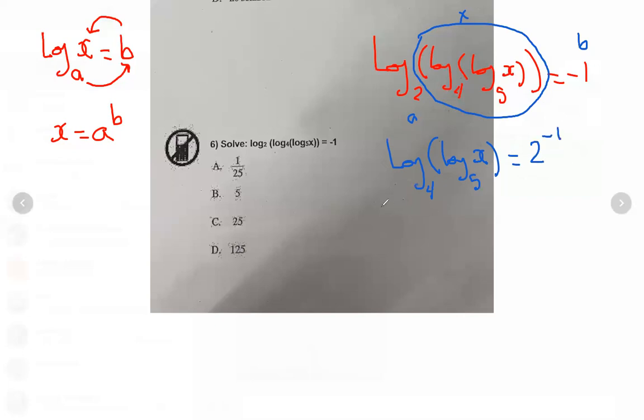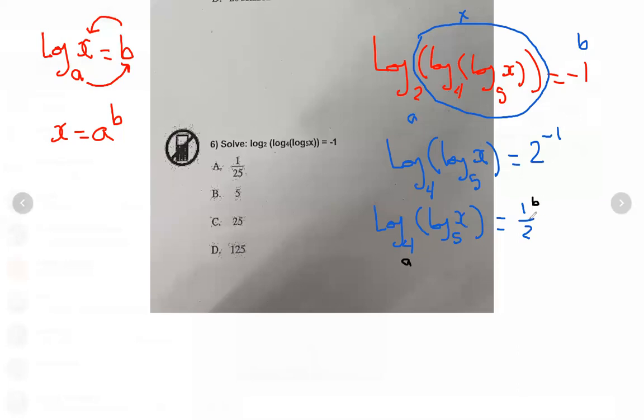And therefore now we change this into log base 4 of log base 5 x equals 1/2. I'm going to change this to 1/2. 2 to the -1 is the same as the power 1/2. Now again, we're going to do this one more time. So this is your a right here, the 4.